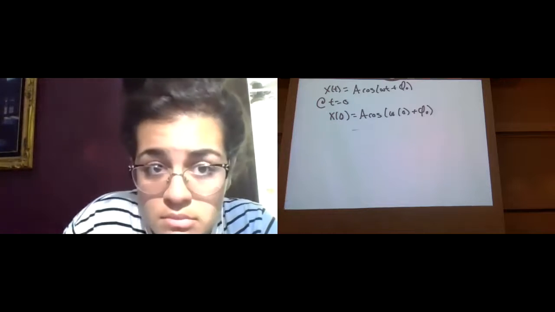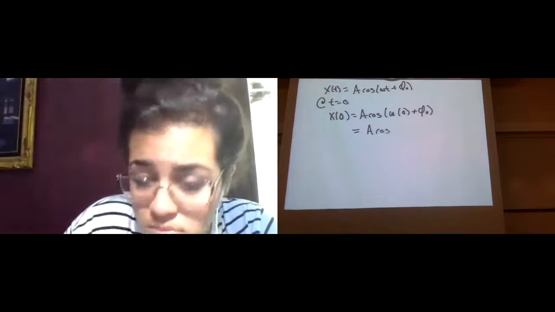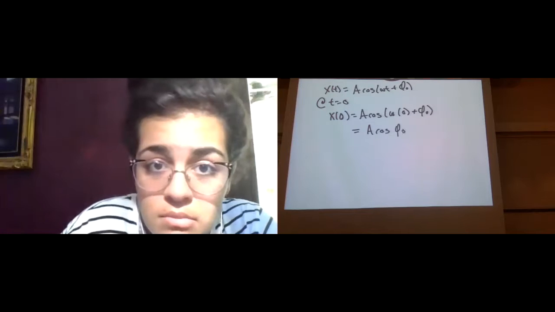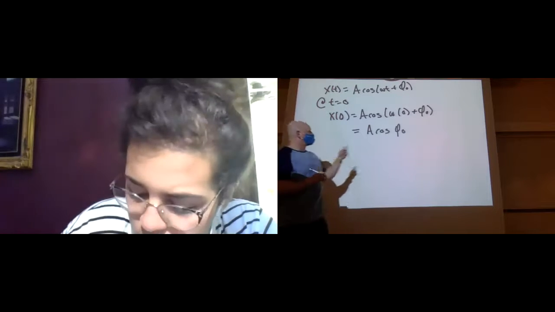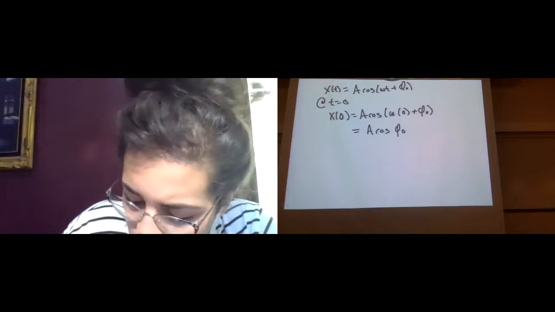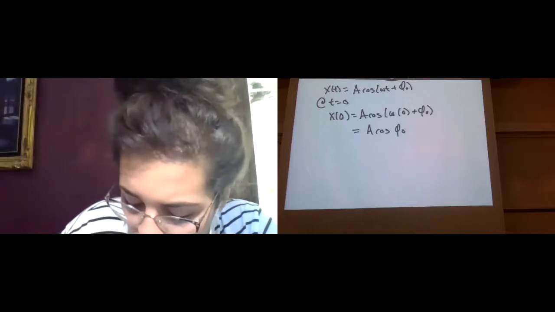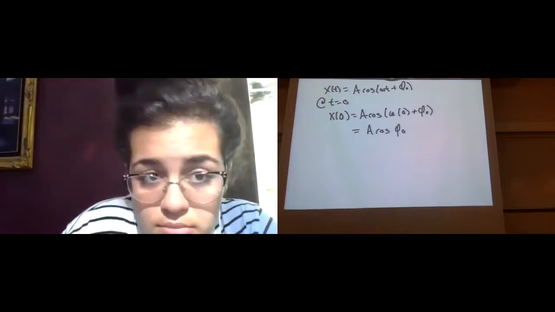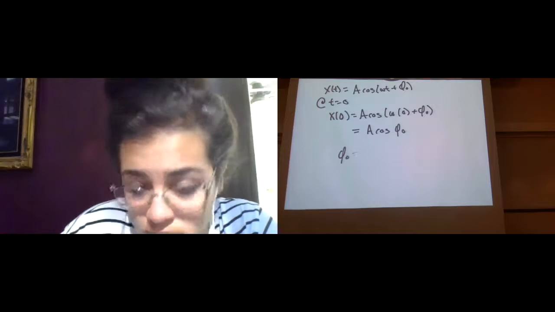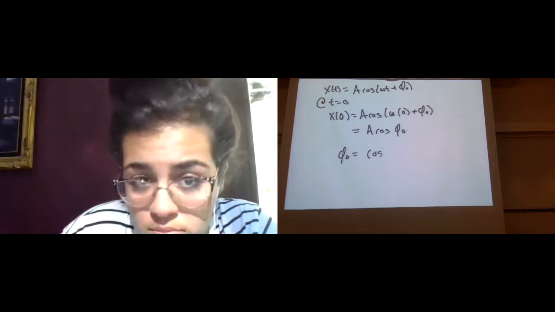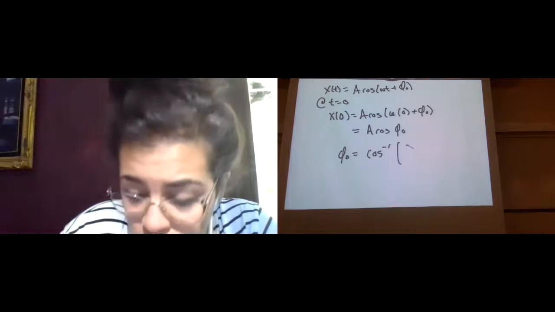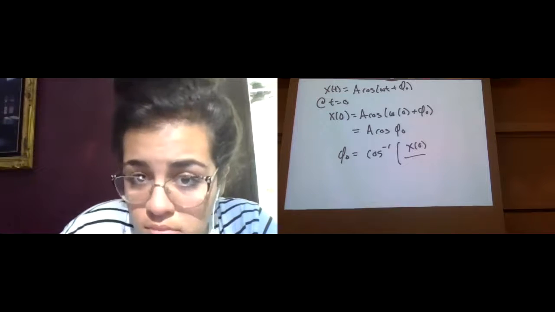So this is the same thing as simply A times cosine of phi 0. This means that to find the phase factor for each of these parts, all I have to do is divide by the amplitude and take an inverse cosine of both sides. So my phase factor is equal to the inverse cosine of the position at 0 divided by the amplitude.